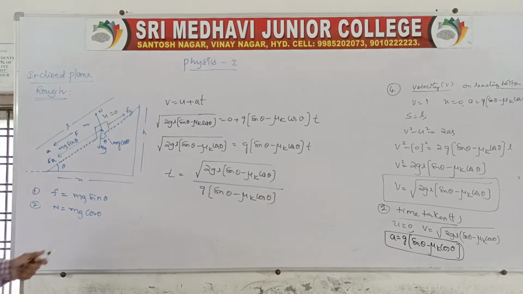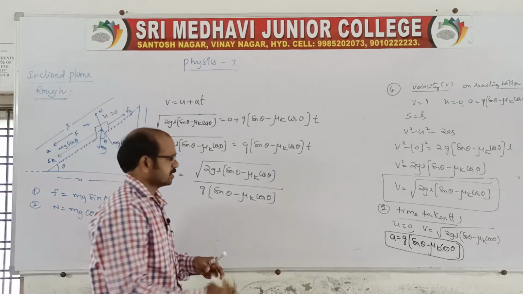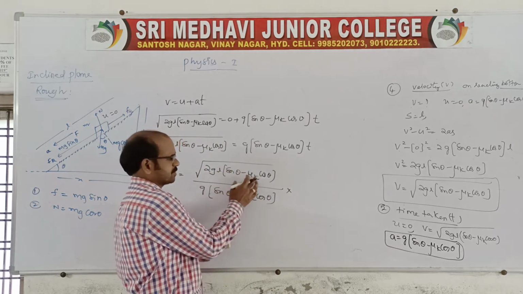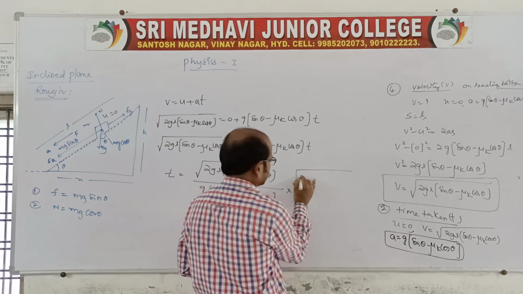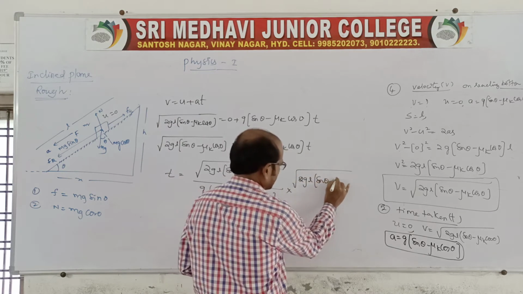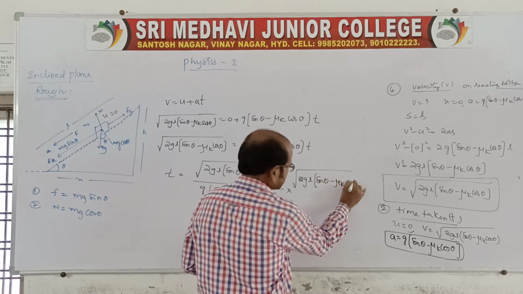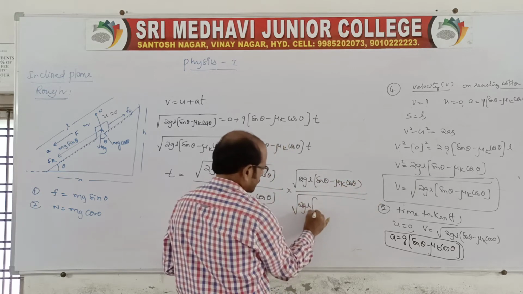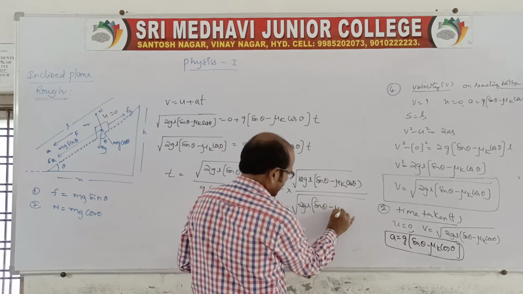So you simplify like this. Here you rationalize with root 2gl sin theta minus mu k cos theta, multiplying and dividing by root over 2gl sin theta minus mu k cos theta.